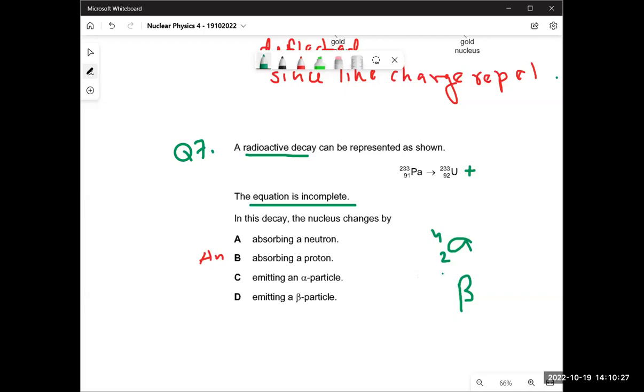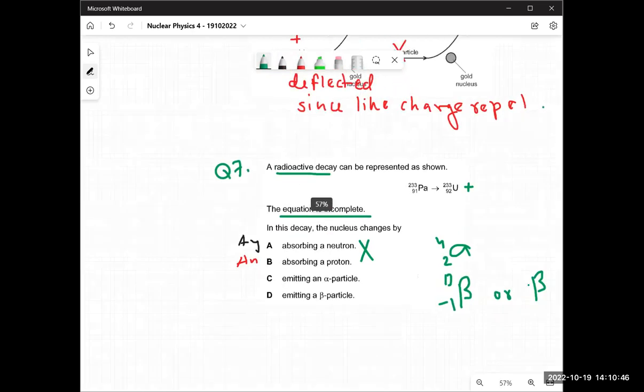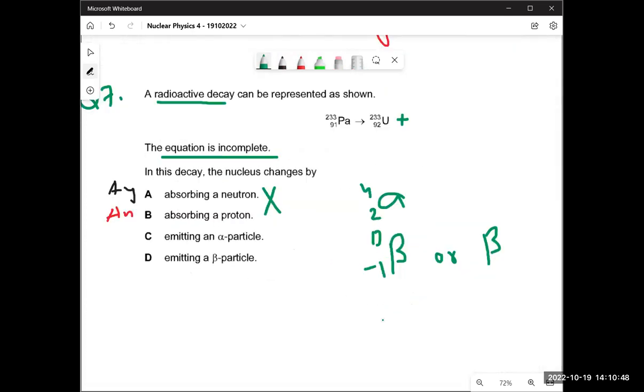Ayan, your option. Sir, it should be A, right? All right. Now I'll say both of these are wrong. Decay always happens by alpha, beta, or gamma.